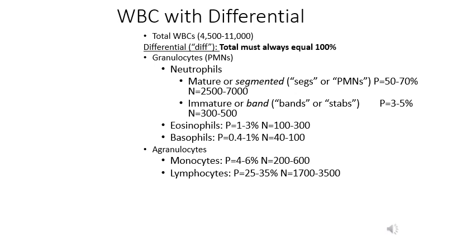We will be looking at all of the different cell types and the importance of each. In particular, with the white blood cell with differential, know that the differential part is all of the other white blood cells in total. They must equal 100%. So when you're looking at the differential, you will see all of the cells listed, such as neutrophils, eosinophils, basophils, lymphocytes, etc. And you'll see a P version of that, which is the percentage of those, and then you'll see those same items listed again with an N behind them, which is just the number.